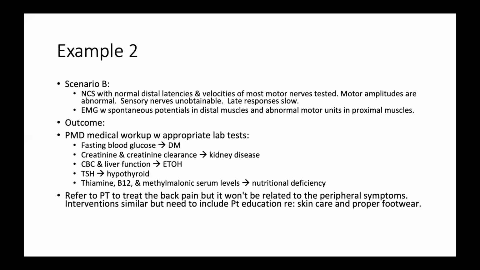Even though he didn't have it that he knew of, it's in his family history, so that could be something to start checking out. Other lab tests, the creatinine and creatinine clearance could be used to measure for kidney disease. CBC and liver function could be helpful if it's an alcoholic neuropathy. I didn't get into that detail of history, but that could be a factor as well.